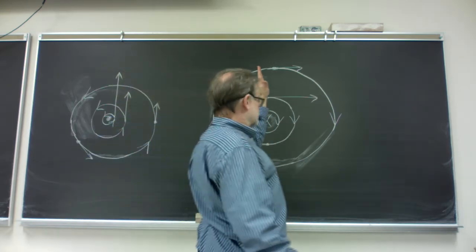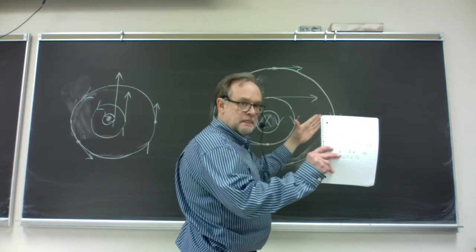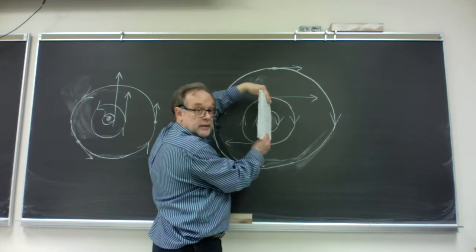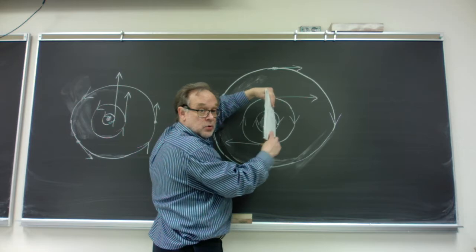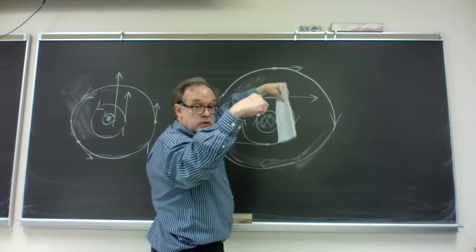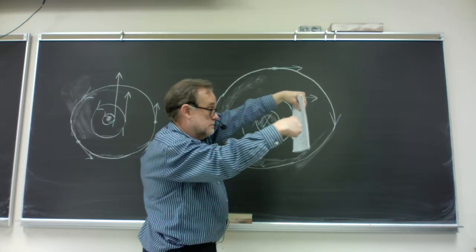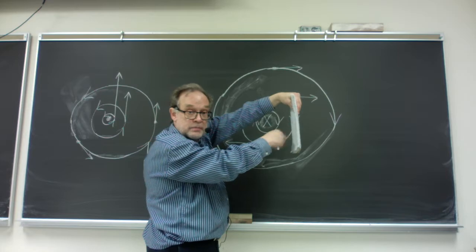So now, imagine that we twist everything 90 degrees. So this vertical plane is now twisted this way. And so the field that was moving in this way, in other words, moving from the right edge to the left edge of this paper.